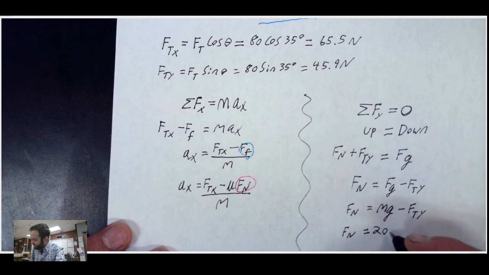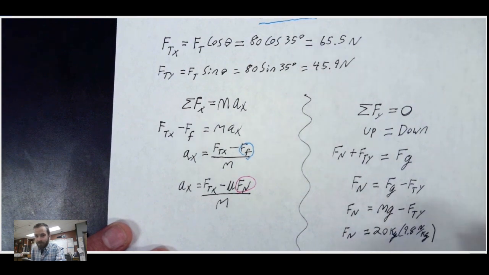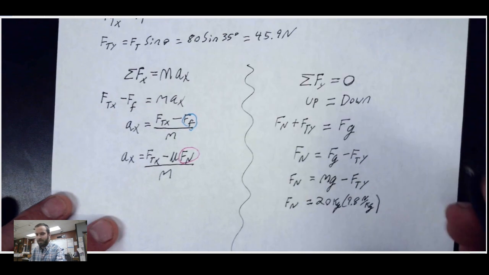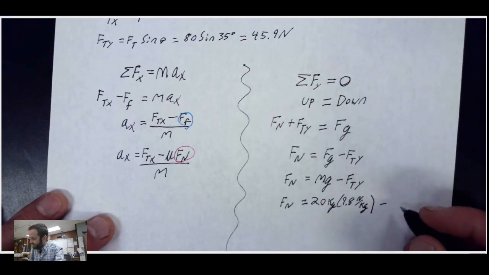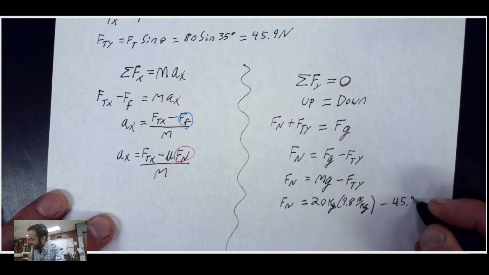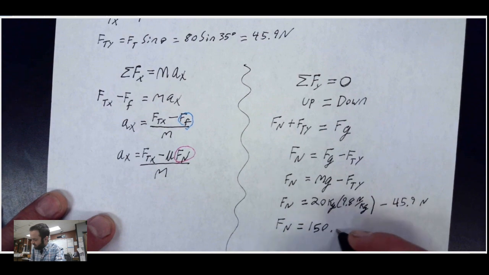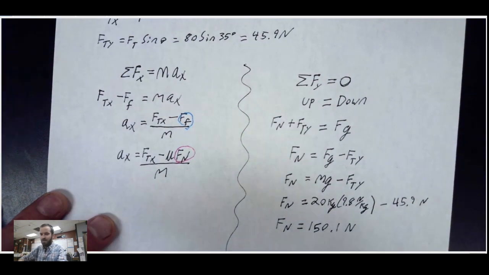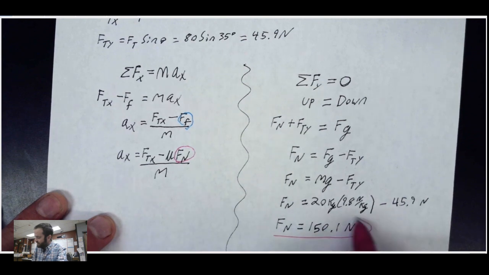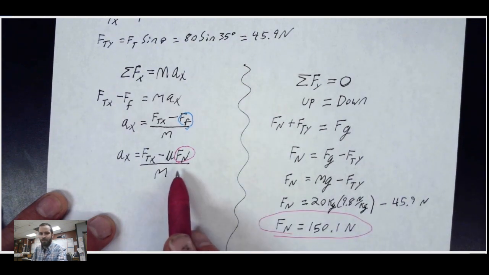So I've got 20 kilograms times 9.8 newtons per kilogram, minus the force of tension in the y direction, which I found before to be 45.9 newtons. And that tells me that the normal force, if I plug and chug, is going to be 150.1 newtons. Sweet. So I just found the normal force that I was looking for right here.